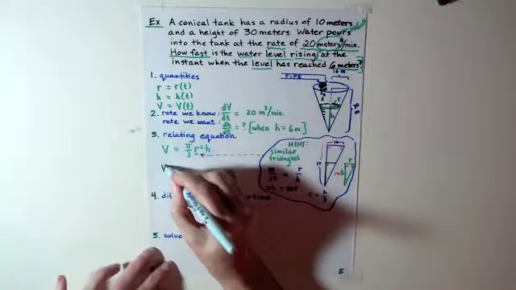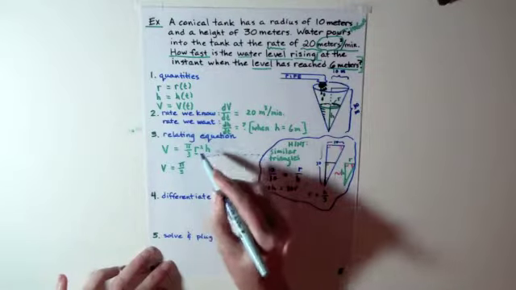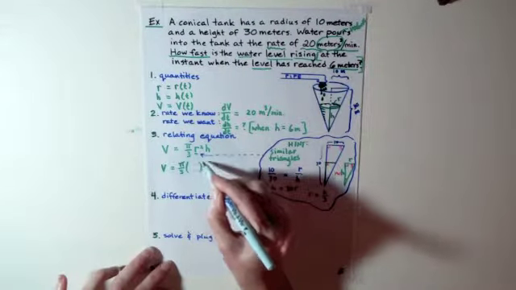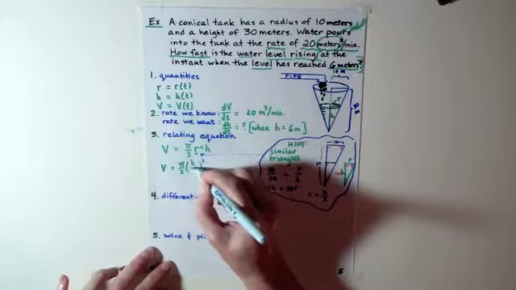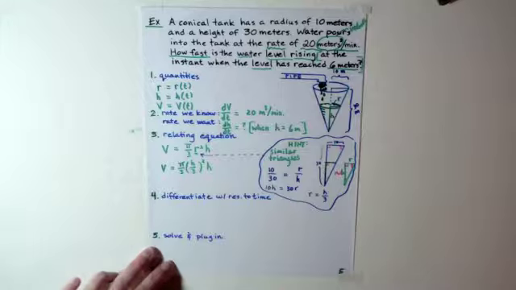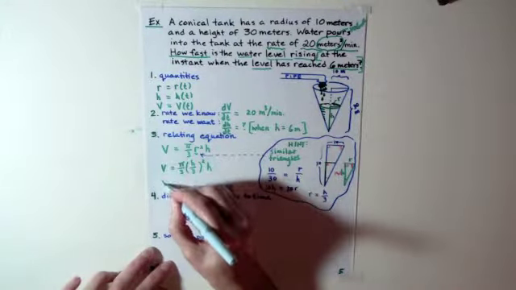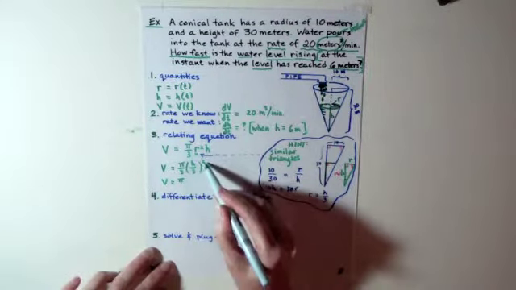I'm going to write V is equal to pi over 3. This was an R squared, so whatever I replace R with, that's going to have to be squared. And I'm going to replace it with H over 3 times H. Okay, that looks good. And now let's just go ahead and simplify a little bit. I get V is equal to pi over, the 3 squared becomes a 9.